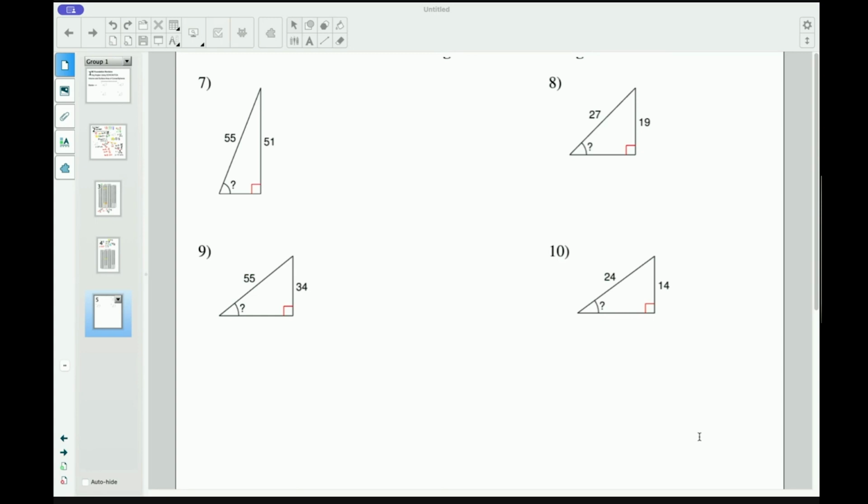The only exception that I would make to that is if you use an app. For example, I use an app called Tacalator. It looks kind of like this. It's a free graphing calculator app.